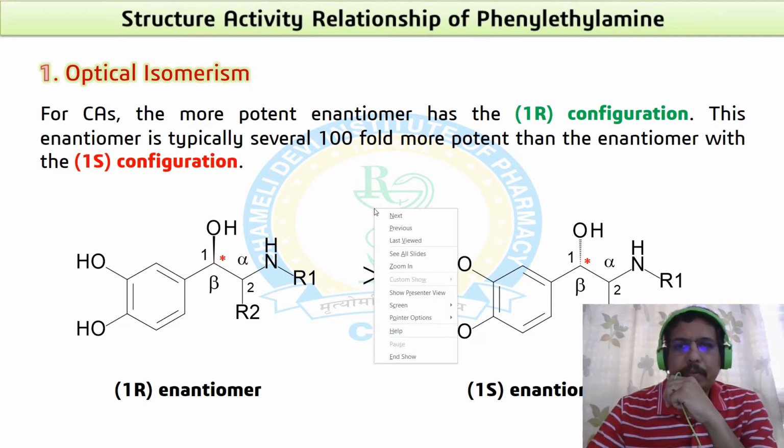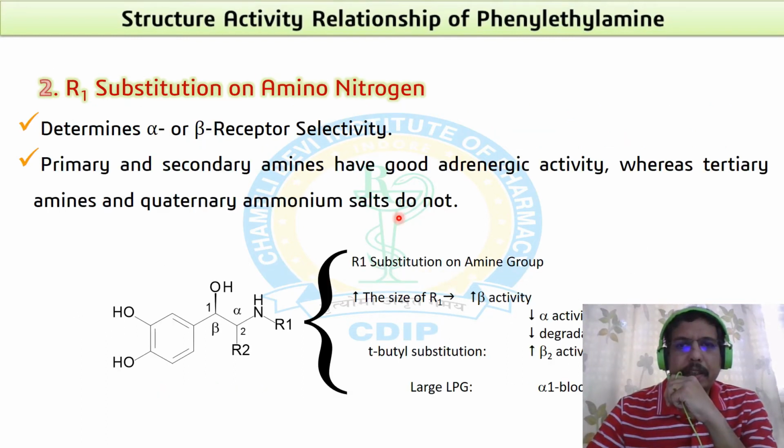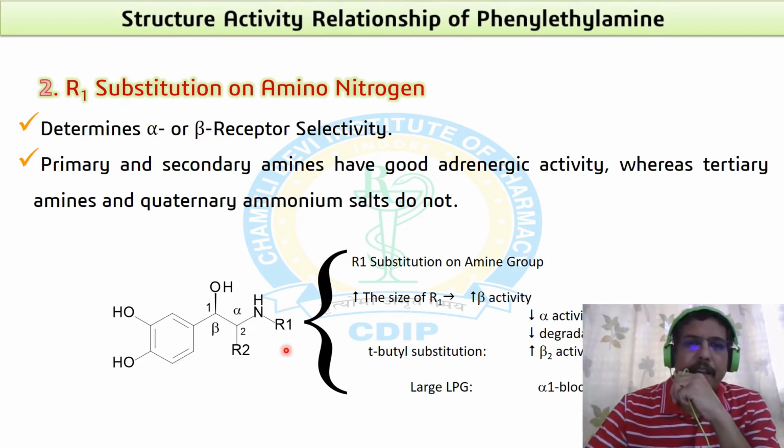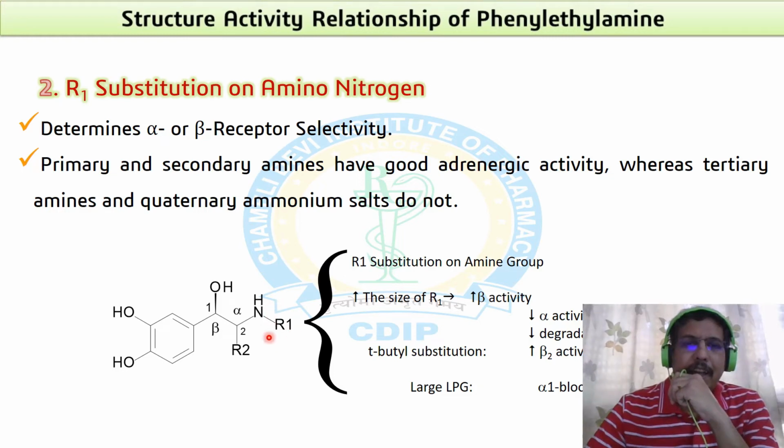Now we move to another option, that is R1 substitutions on the amino group, which is on the terminal of phenylethylamine. So there are different possibilities.